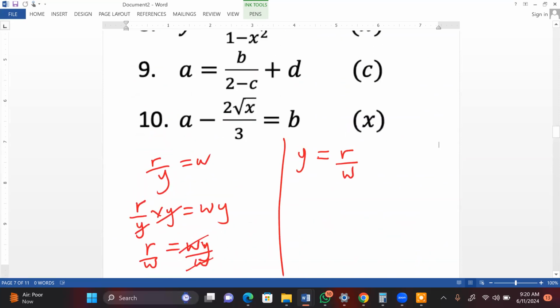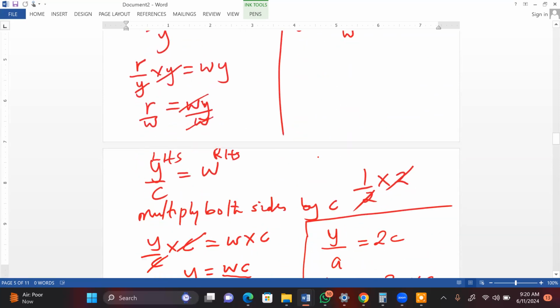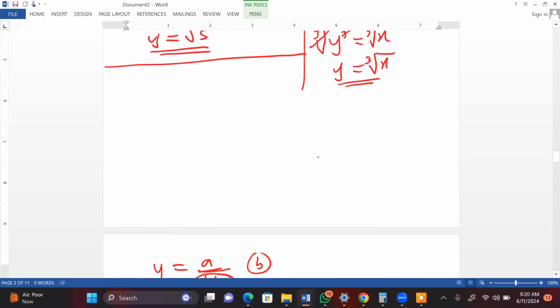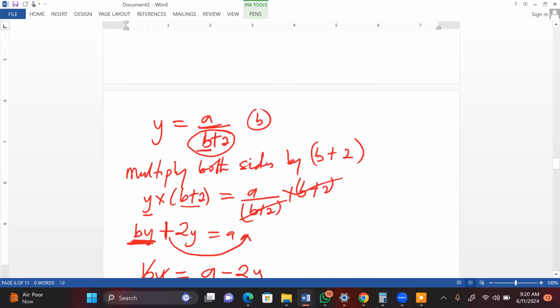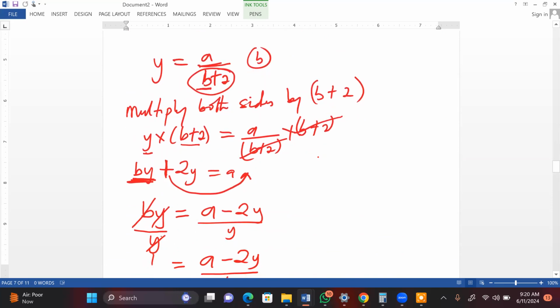I want to ask, at what point do you know that you're supposed to divide? Do you know what is confusing me? We're asked to make B the subject of the formula, right? Yes.